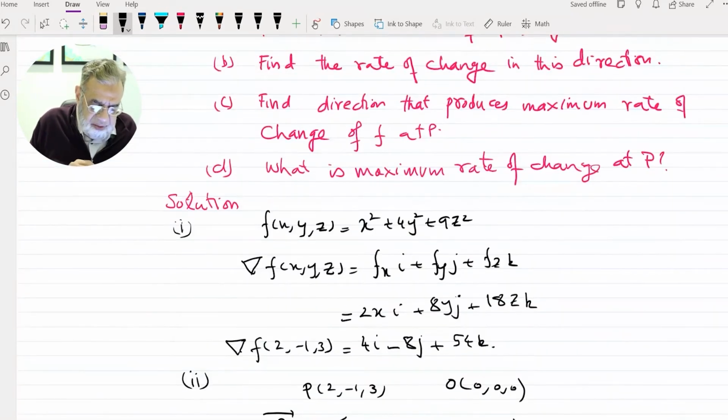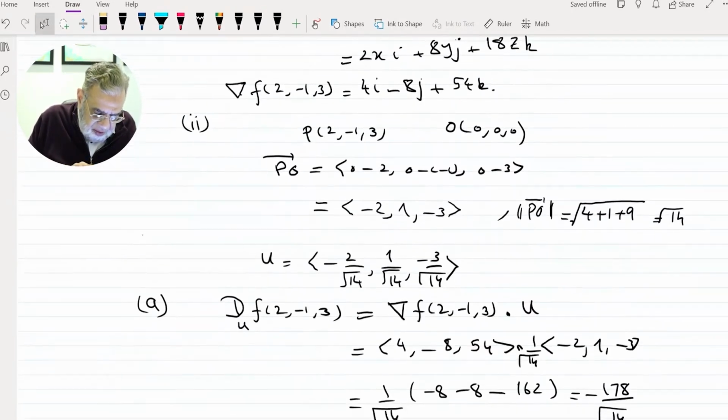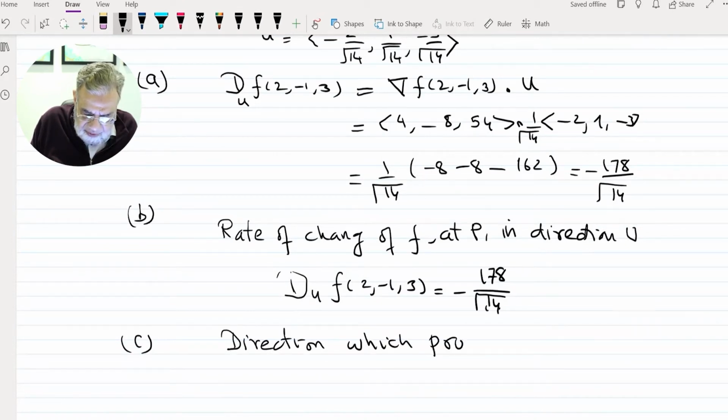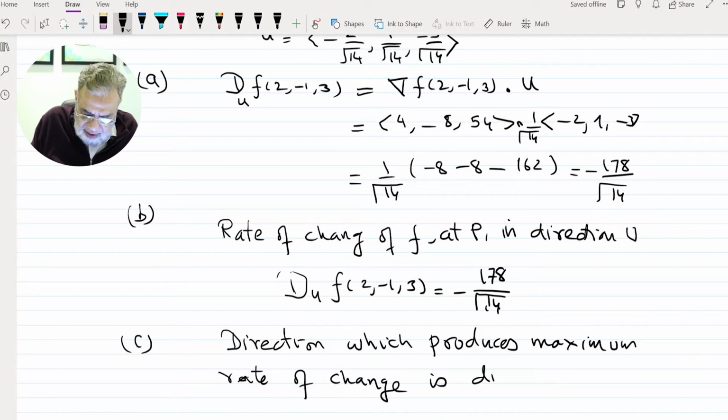Part C: find the direction that produces the maximum rate of change at P. The direction which produces the maximum rate of change, or the function changing most rapidly, is the direction of the gradient of the function at the point.